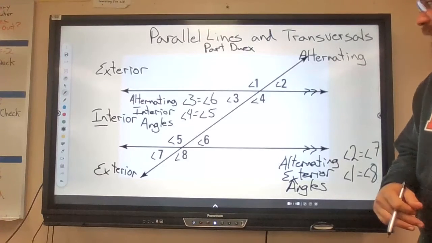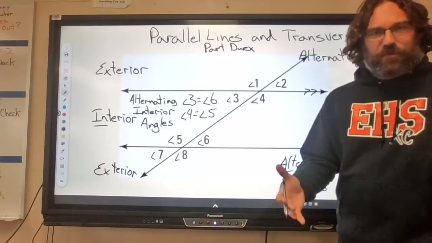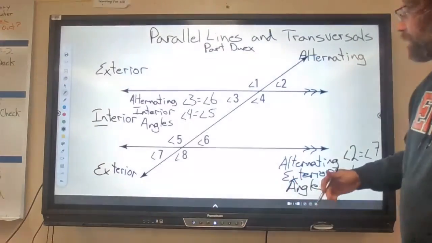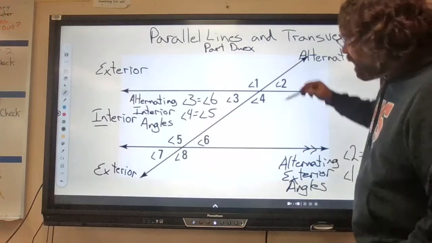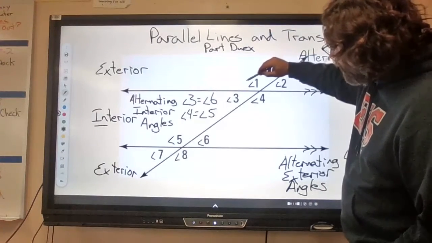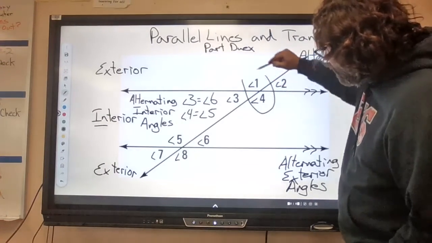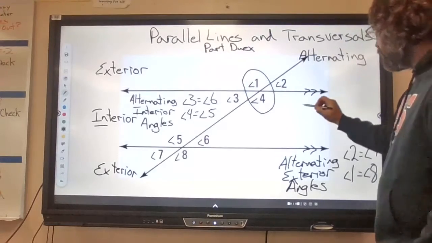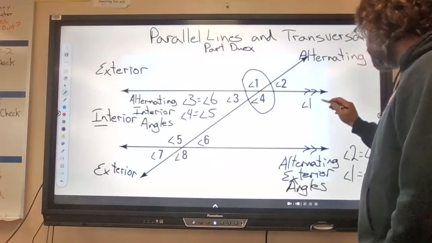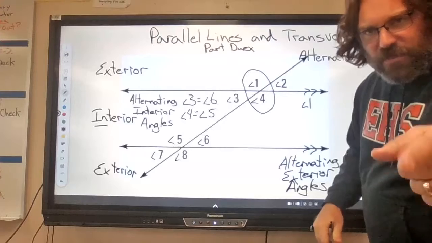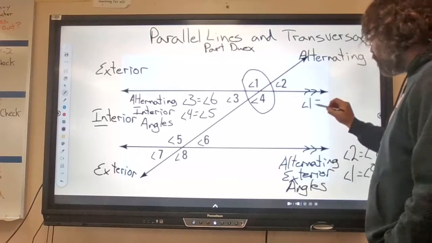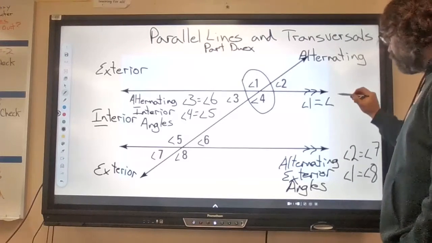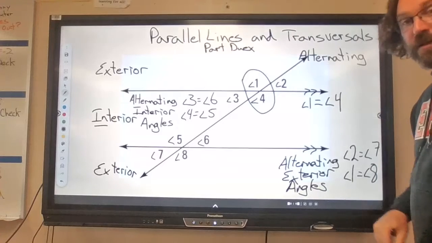Look, we've already paired up alternating interior and exterior angles. But that's not the only way that we can look at things. Some of you probably by now looked at, let's say, angle 1 and angle 4. I'm going to add these in here. Angle 1, I look at those. Wait a minute, those were colored the same, so I know that those are equal to one another.